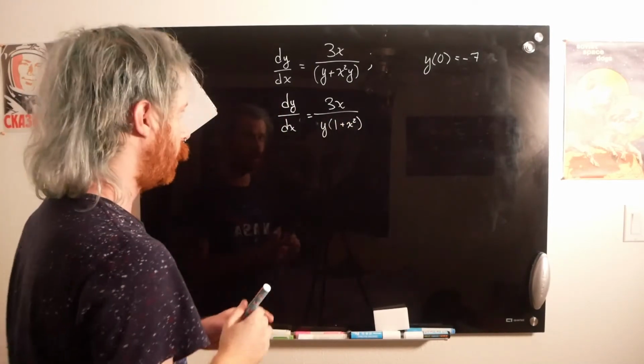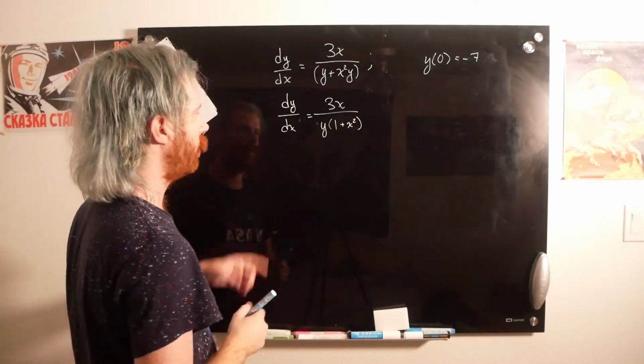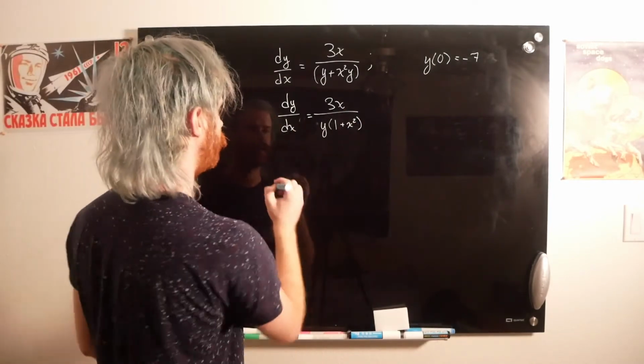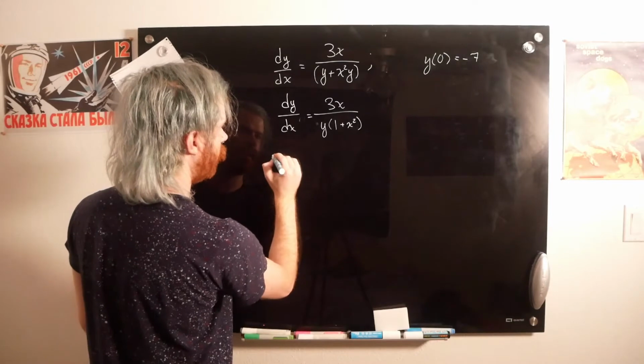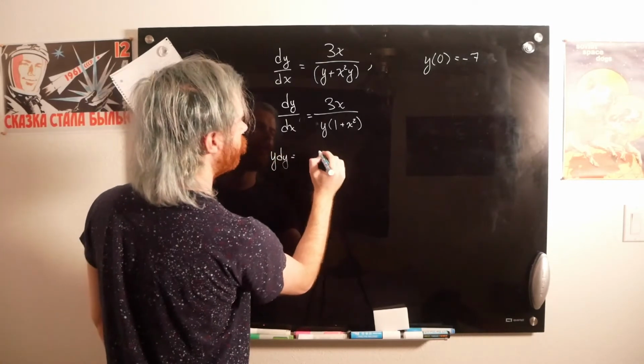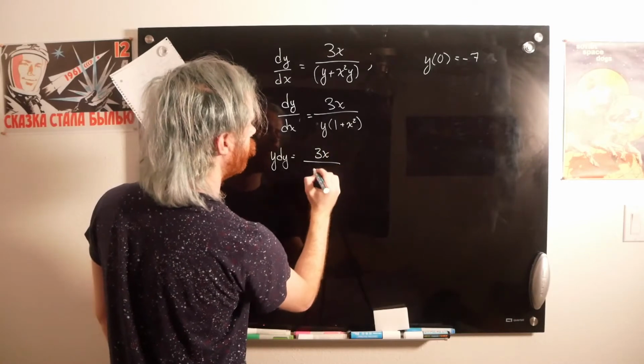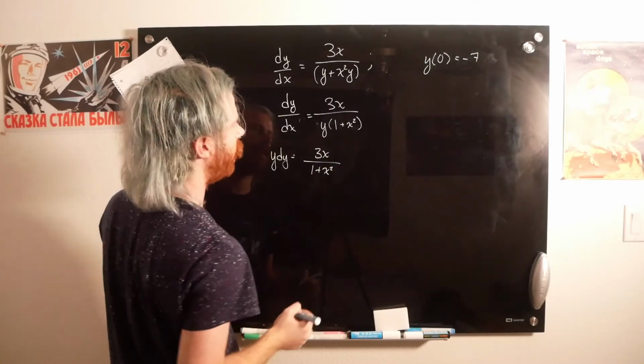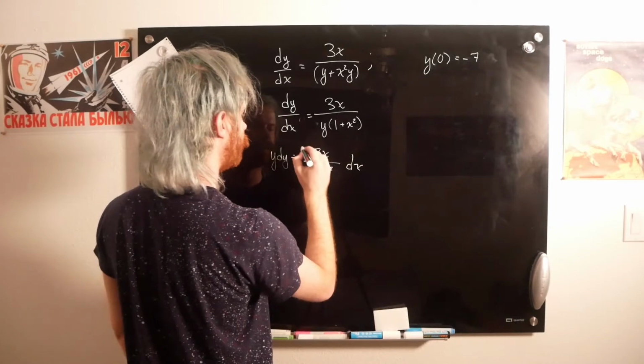Okay, so now we can multiply the y over and multiply the dx over. So what we have is y dy equals 3x over 1 plus x squared dx.